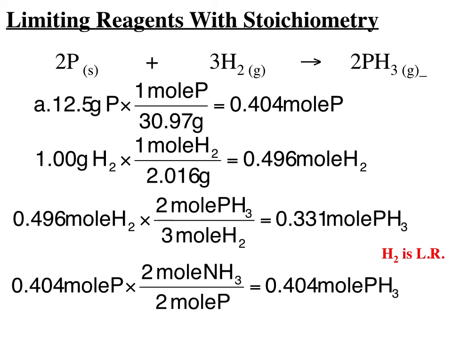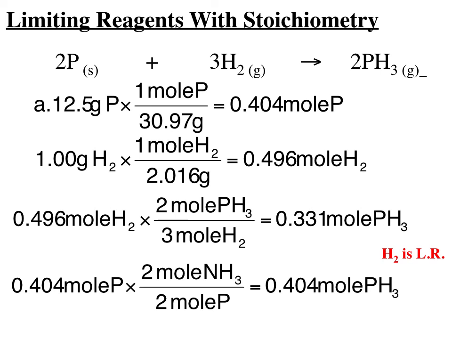The ratio of H2 to PH3 is 3 to 2. So to convert my moles of H2 into moles of PH3, I will multiply by 2 and divide by 3 as the dimensional analysis tells me to do. So if I use all the H2, I would produce 0.331 moles of PH3.